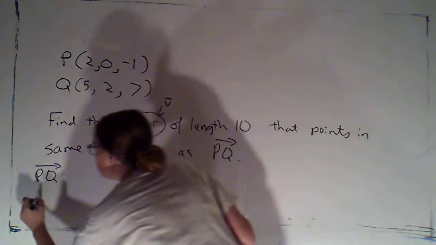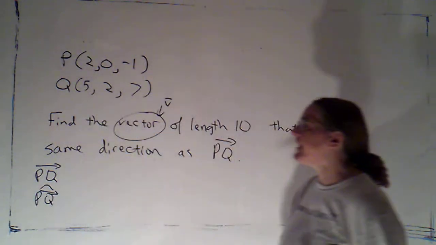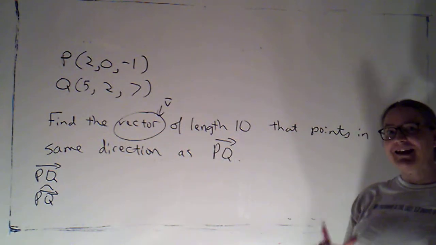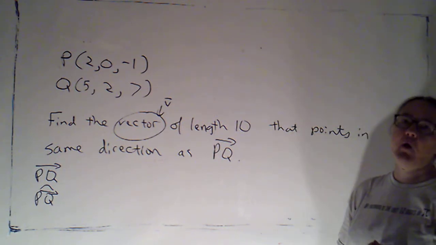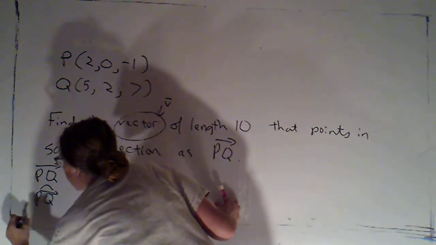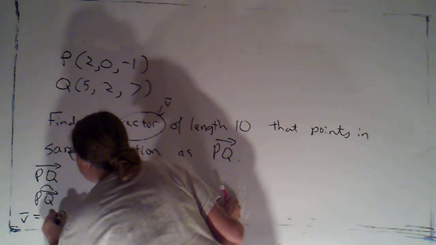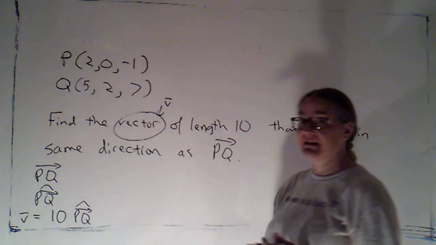So what I'm going to do is I'm going to normalize it. I'm going to find PQ hat. That's going to still have the right direction, but it's going to have a length of 1. Once I have a length of 1, the vector I'm looking for, which I said I was going to call V, that'll be just 10 copies of PQ hat.